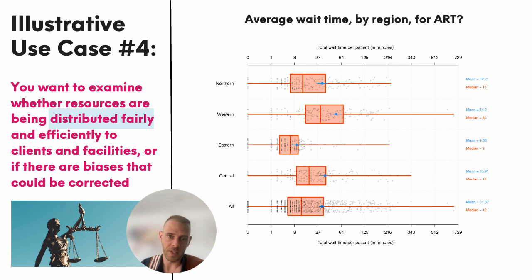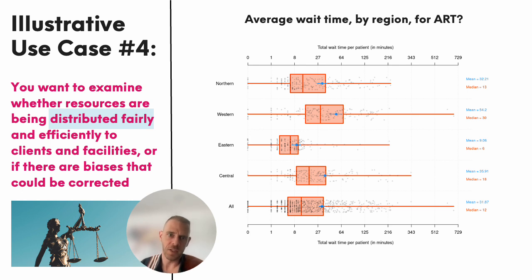So, running some analyses with our ABCM data, we could, for example, look at average wait time broken down by region of the country for something like antiretroviral therapy. In this particular graphic of these box plots, we have several regions of the country: northern, western, eastern, central, and then the lowest box plot has all of them combined together.